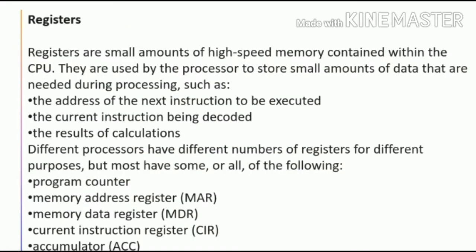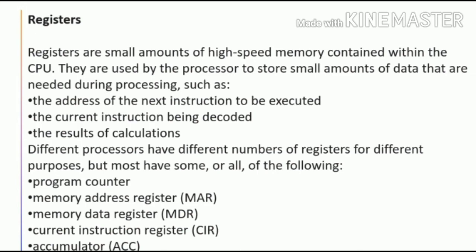Third are the registers, which are small amounts of high-speed memory contained within the CPU. They are used by the processor to store small amounts of data that are needed during processing, such as the address of the next instruction to be executed, the current instruction being decoded, and the result of a calculation.